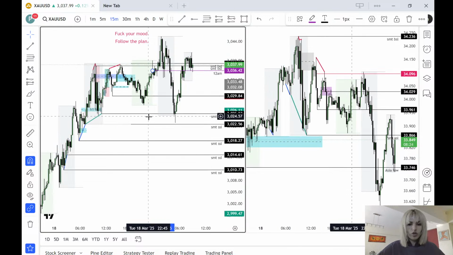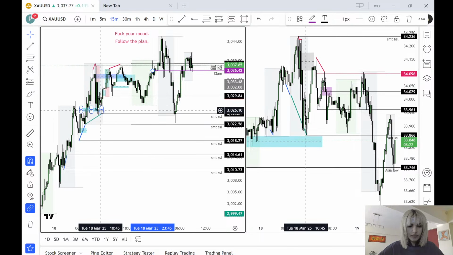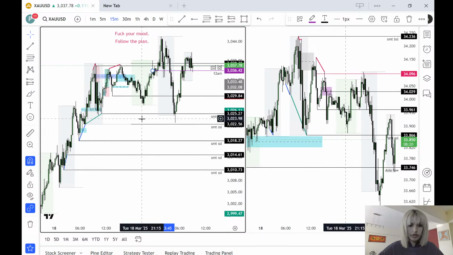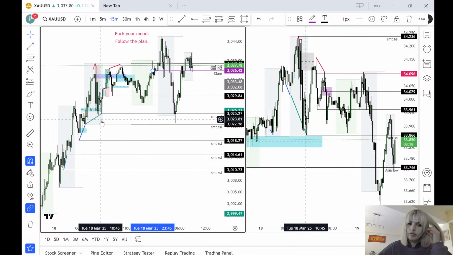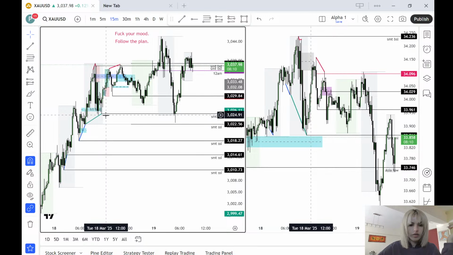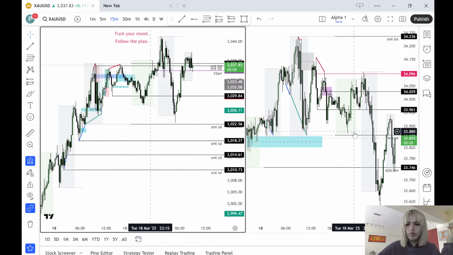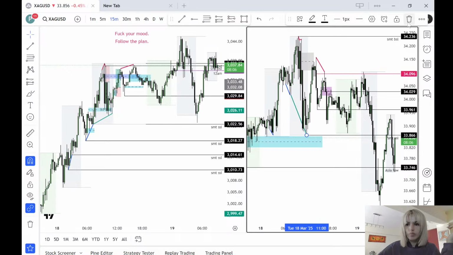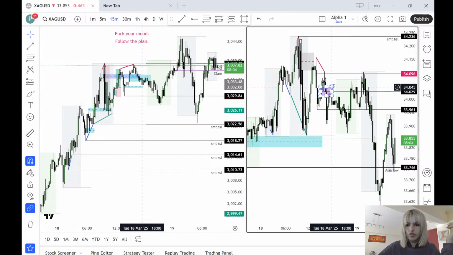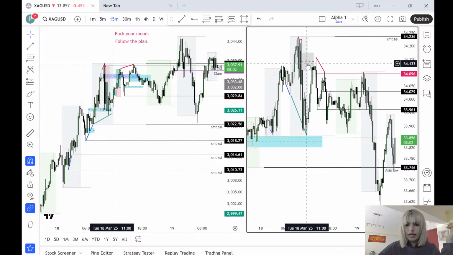Okay, so I haven't opened the chart the whole day. The whole day I haven't. And so I will be starting by removing all the stuff from the chart that I no longer really consider relevant.